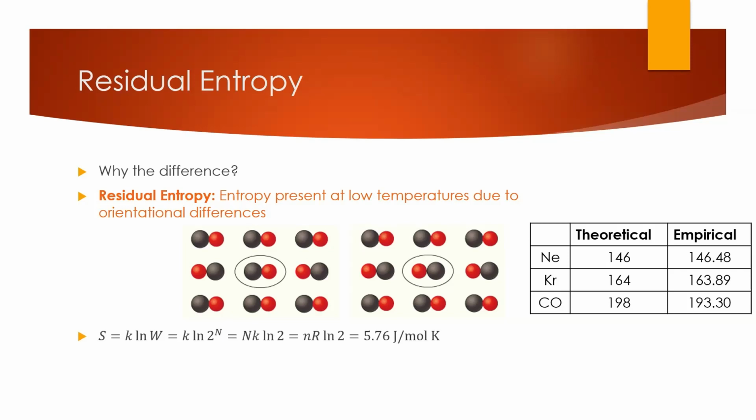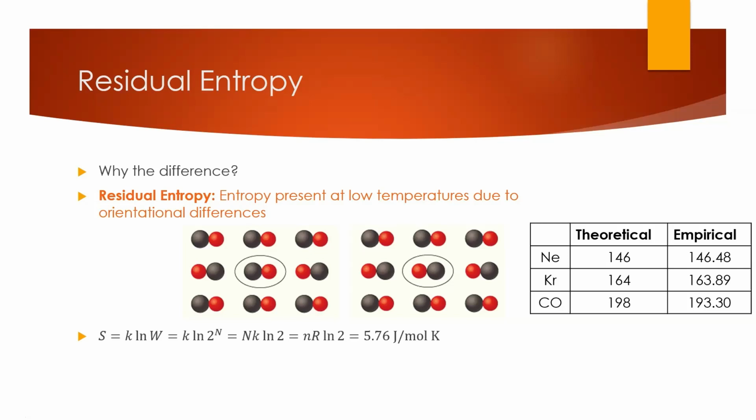For carbon monoxide here, there would be 2 possible orientations for every molecule. It could be facing to the right or to the left. And so our weight is now 2 raised to the N. So k natural log of 2 to the N becomes Nk natural log of 2, which we can convert to R natural log of 2, which is 5.76 joules per mole Kelvin.